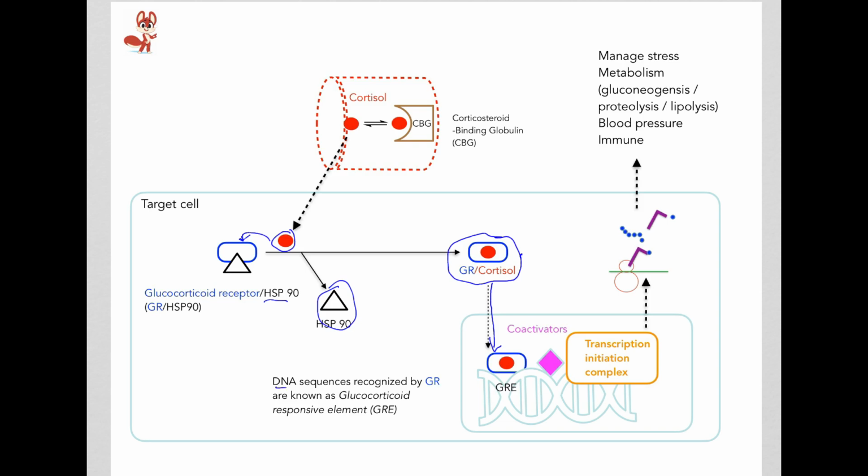Those DNA sequences recognized by the glucocorticoid receptor are called glucocorticoid responsive element, or GRE. And once this receptor signal binds the DNA at the GRE, certain genes will be transcribed, and that transcription of the genes will lead to the actions of cortisol, such as its ability to manage stress.